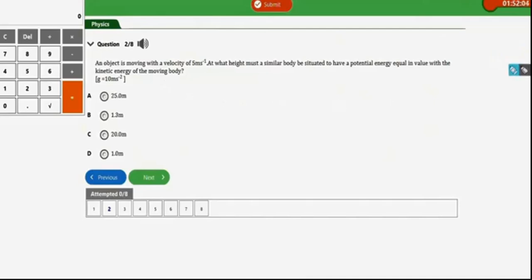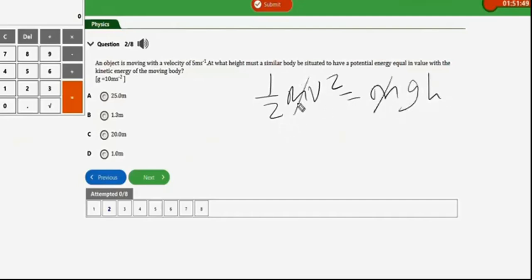For this question, you need to establish the relationship between kinetic energy and potential energy. We have half mv squared for kinetic energy equals mgh. Now let's find the relationship. This m will cancel this m, so you're left with v squared over 2 equals gh.